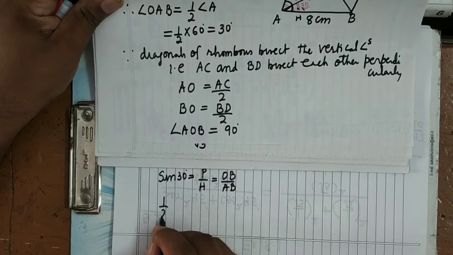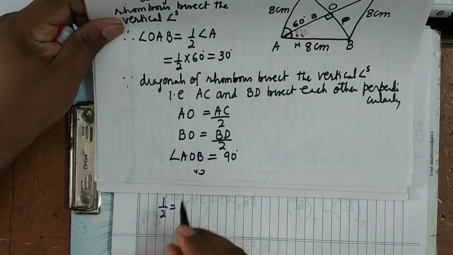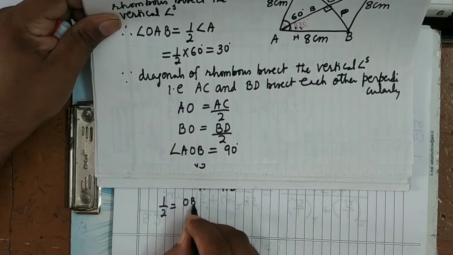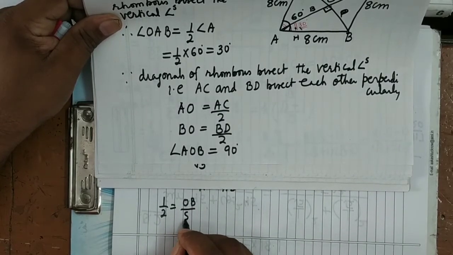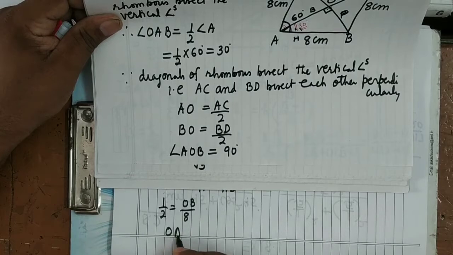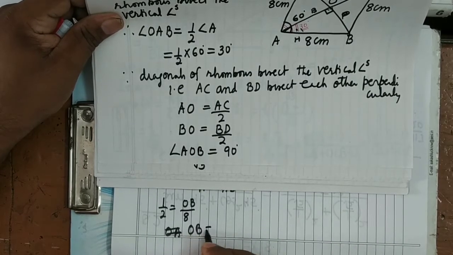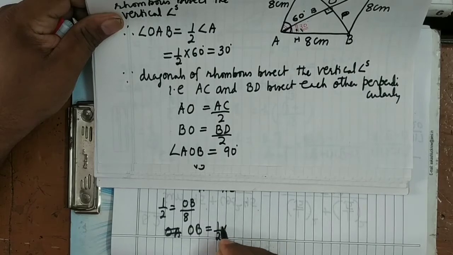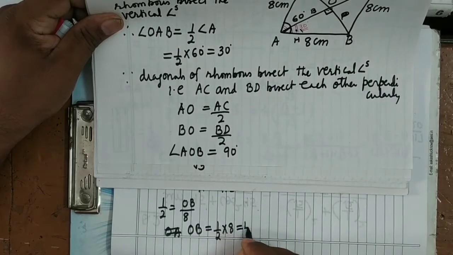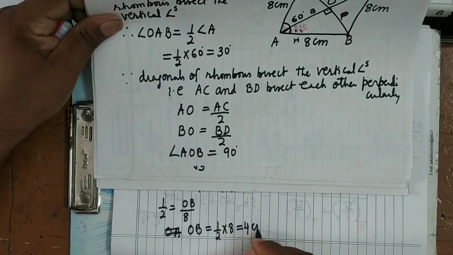Sin 30 is 1 upon 2. OB you have to find. AB is 8. So OB equals to 1 by 2 into 8 equals to 4 centimeter.